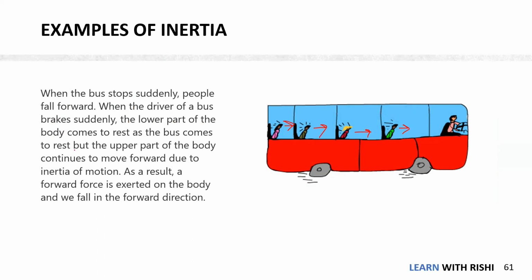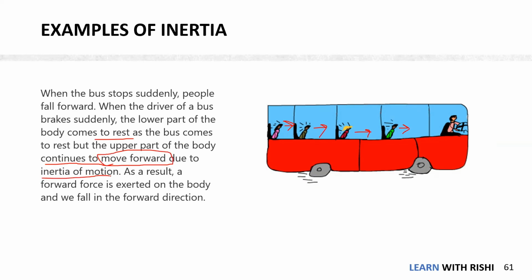Now when you're sitting, your lower part of the body is on the seat. So when the bus stops, the lower part of the body also comes to rest. But what about the upper part of the body? The upper part of the body is not in contact with the seat. So the upper part of the body continues to move forward, and this is due to inertia of motion.